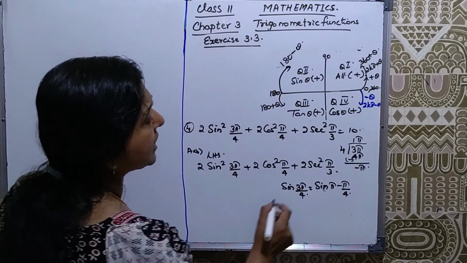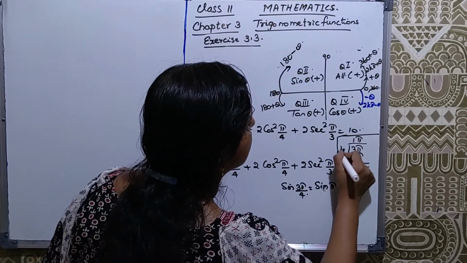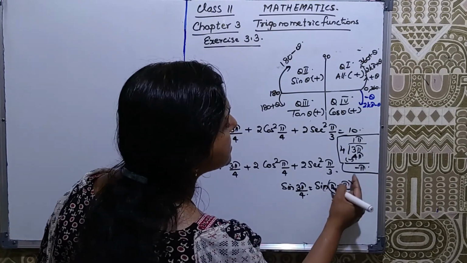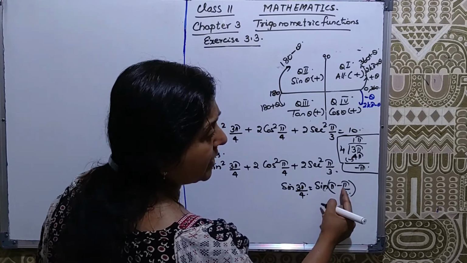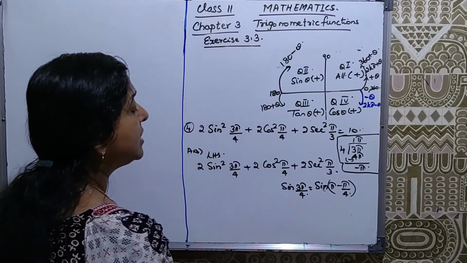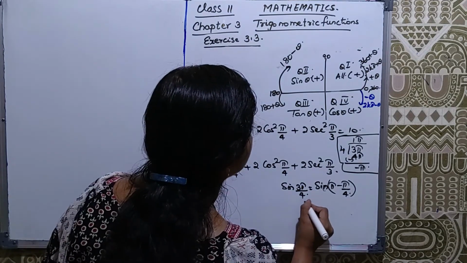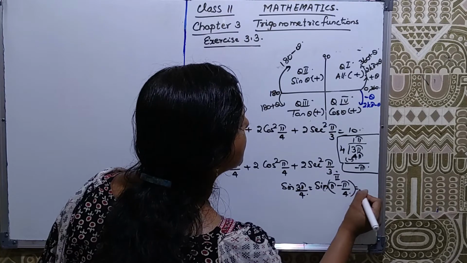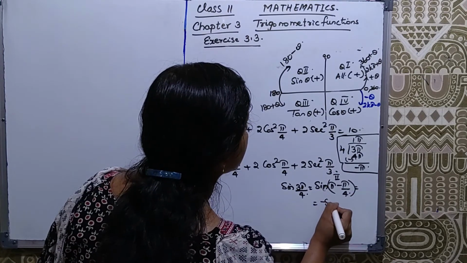Again we use the property: quotient times divisor plus remainder. The quotient is 1 pi, minus remainder, that is minus 1 pi divided by 4. So it will be of the form sine(180 minus theta), which belongs to the second quadrant.